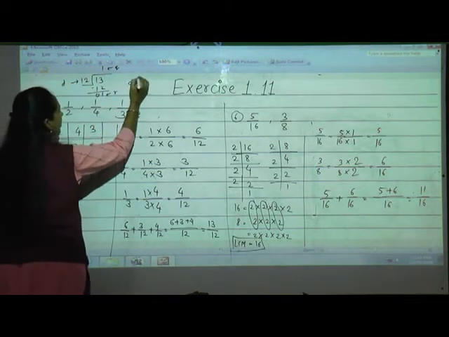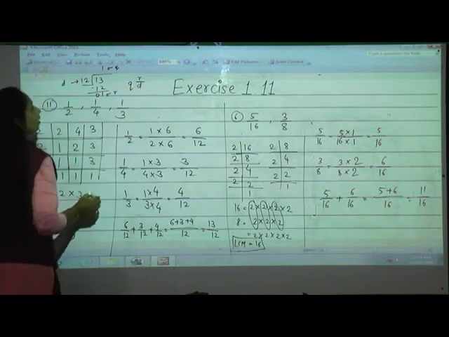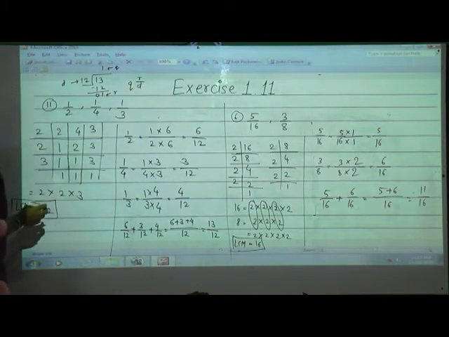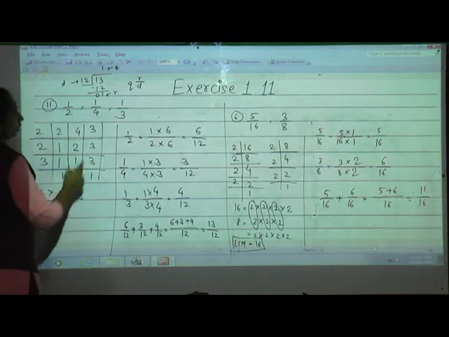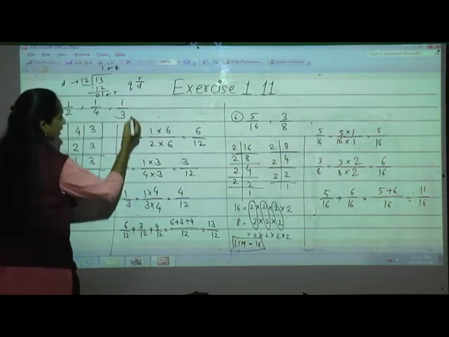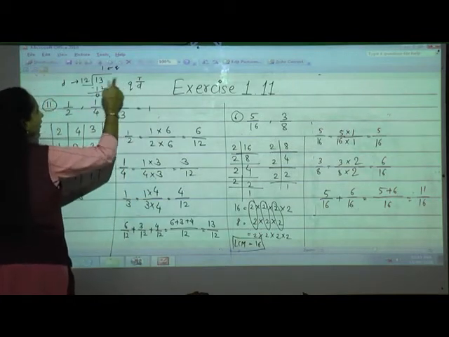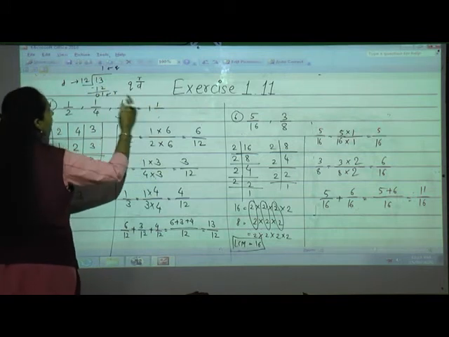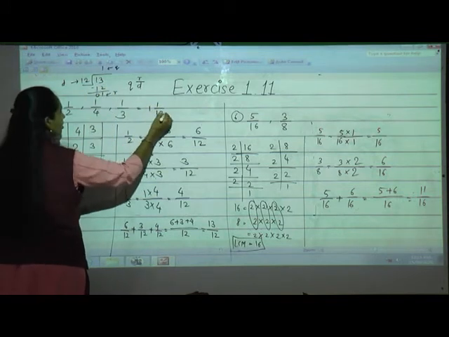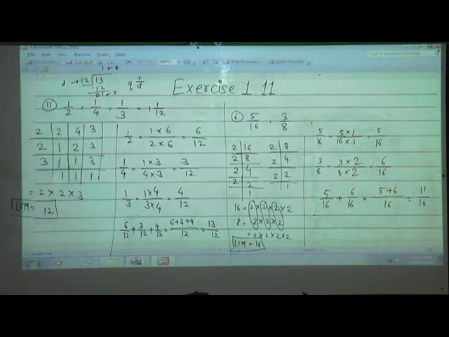So the answer is the quotient, then the remainder divided by the denominator. What is the quotient? 1. So here I will write the answer 1, and the remainder 1 divided by the denominator 12. So this is the answer. Okay. So write the question once again at the bottom and, equals, write the answer.